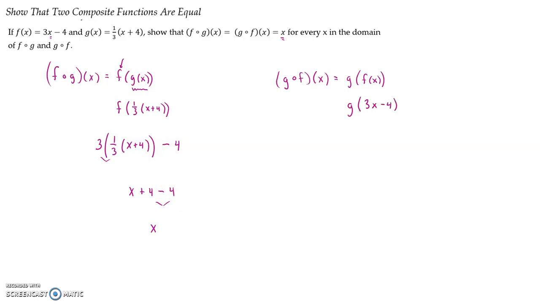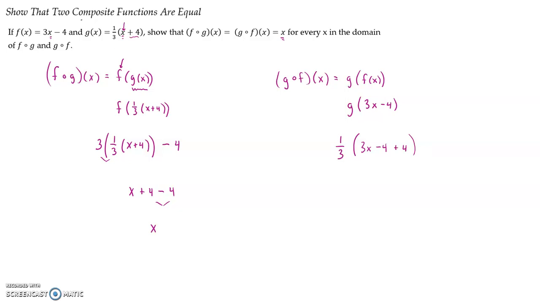So each time we see an x value here in our function for g, we're going to be plugging in this 3x minus 4 piece. So that's going to give us 1/3. And in place of that x that you see there, we're going to put this 3x minus 4. And then we have the rest of our function here, this plus 4.